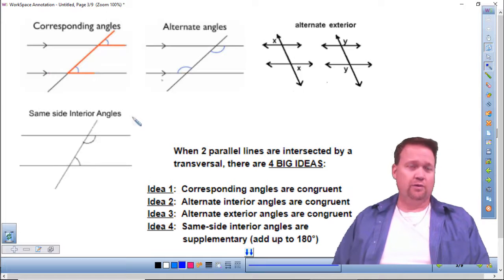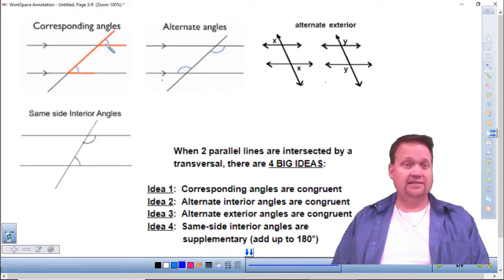Now, when we have lines that are cut by a transversal, we create 4 different types of angles. The first types are called corresponding angles. Corresponding angles, like these 2 that are highlighted here, are on the same side of the transversal, and they're on the same side of the line.